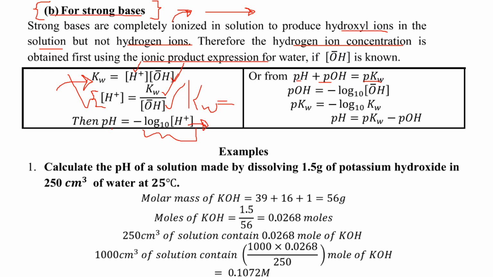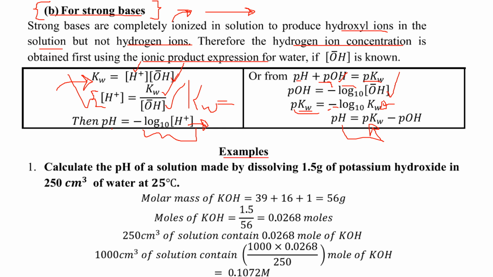That means here you first calculate pOH, where p represents negative logarithm to base 10 and OH is the molar concentration of the hydroxyl ions. And pKW is the negative logarithm to base 10 of the ionic product of water, which is 1.0 times 10 to the negative 14. So making pH the subject, you end up with pH equals pKW minus pOH.